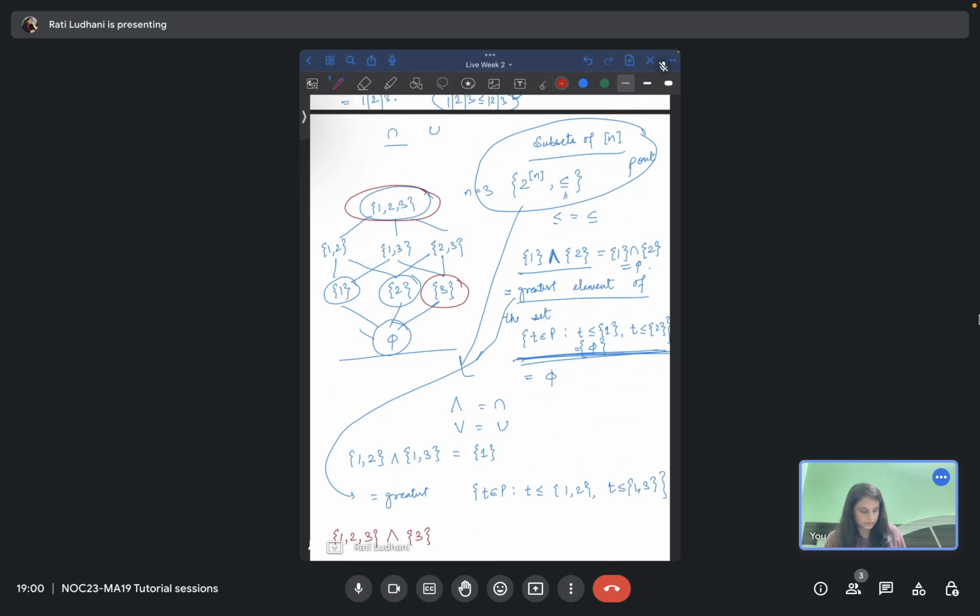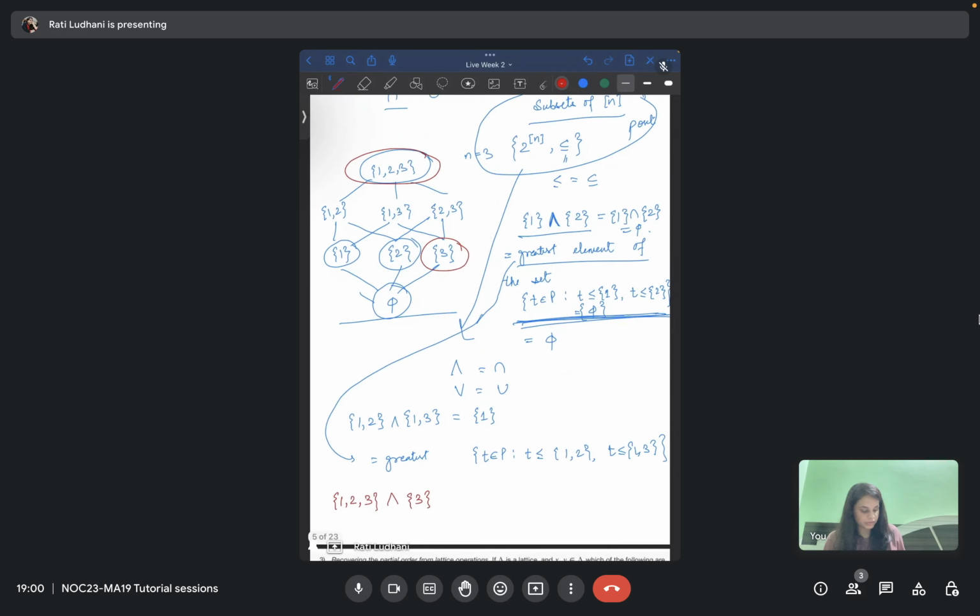So check whether this is true or not. You are saying this is the greatest element of the set of T belonging to P such that T is less than or equal to {1,2,3} and T is less than or equal to {3}. You consider all the elements which are less than or equal to this and less than or equal to {3}.